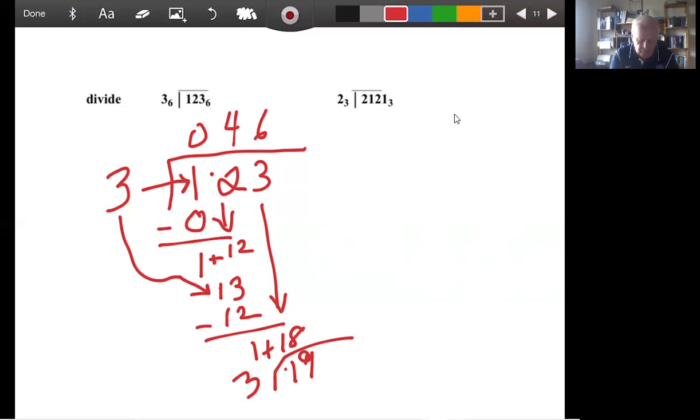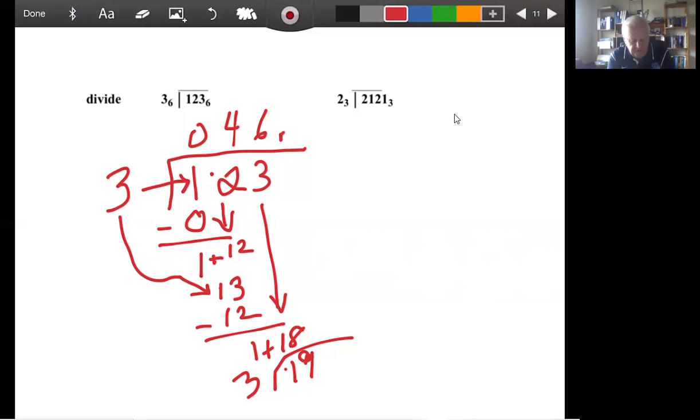I didn't want to have a remainder of 1, so I'm going to go ahead and stop there because I thought I had a nice even number, and I did not. So it should be 46, and you'll have 1 left over. So a decimal is going to come into play there.